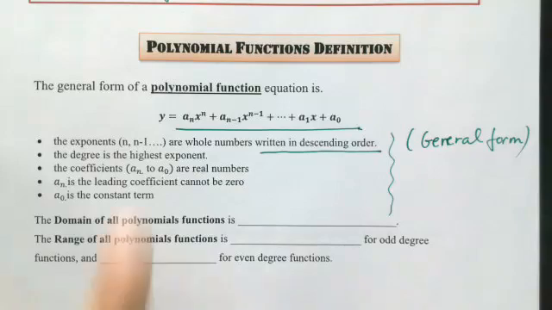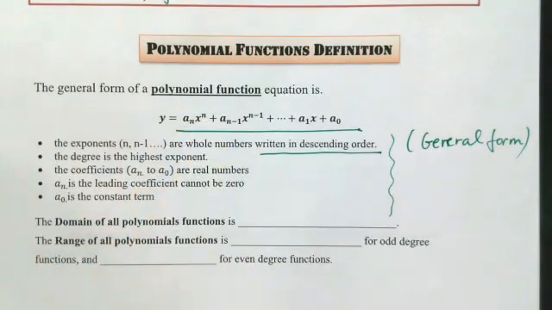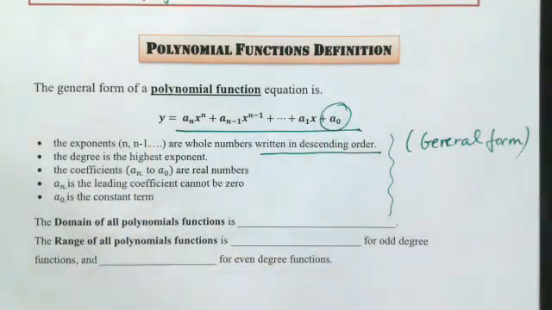The coefficients, all these a's, are going to be real numbers. The leading coefficient cannot be 0, because otherwise I'm not talking about the same type of function. The last number there that doesn't have an x is called the constant term or the free term. That's going to mean something for our functions later on. Any questions for the polynomial function definition?